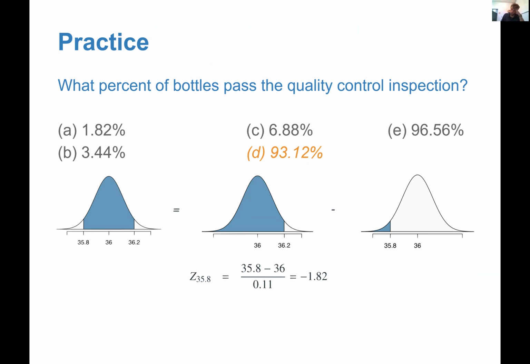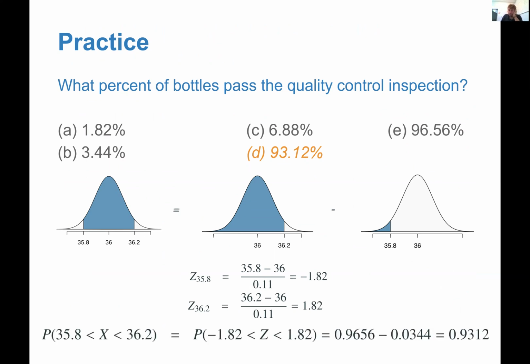So the z-scores of 35.8 and 36.2 have percentiles you calculate in your book or in R. The percentile for the positive 1.82 z-score is 0.9656. The percentile for the negative 1.82 is 0.0344. Subtract them, and you get 0.9312. Okay? All right.